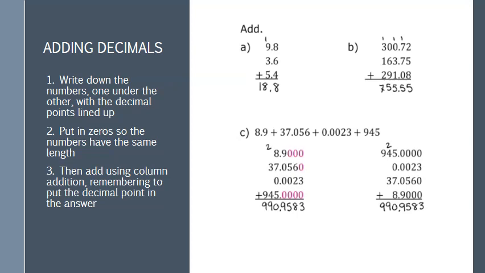It doesn't change the value, because remember, anytime a 0 is added at the end of a decimal number, it doesn't change the value, and that's fine. Then you just go ahead and do your addition, and it just makes it easier for your alignment, easier on the eye. I would also suggest that you spread out your numbers a little bit more, so your columns are better aligned as well. We obviously can't do it here because it's typed, but if you're writing it down on a piece of paper on a test, give yourself enough room between each column when you're doing your addition.